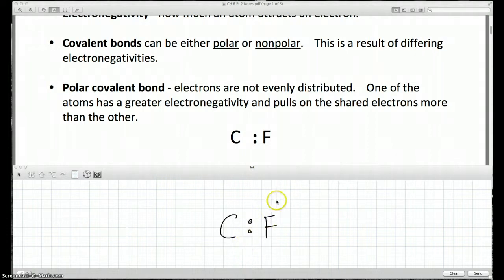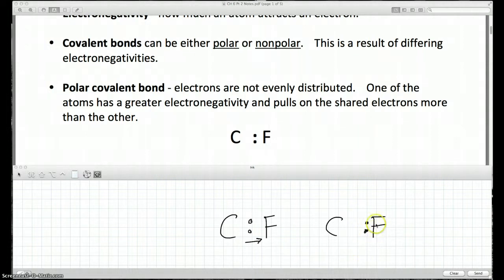And since fluorine has such a high electronegativity, much higher than carbon, it kind of hogs those electrons. So the electrons actually get pulled over towards the fluorine. So you end up with something a little more like this. The fluorine is hogging those electrons. They're still sharing them, but the fluorine pulls them closer to it because its electronegativity is higher.